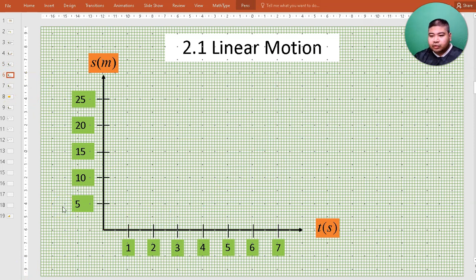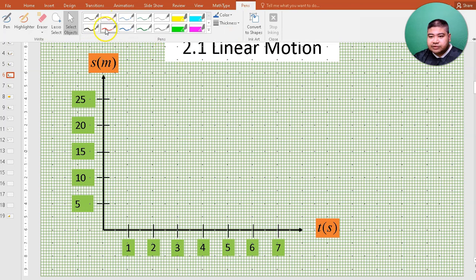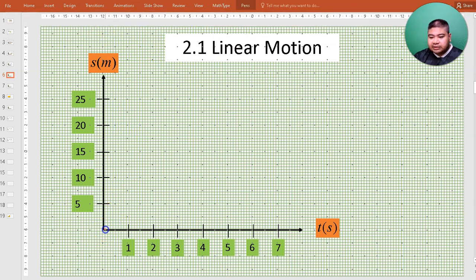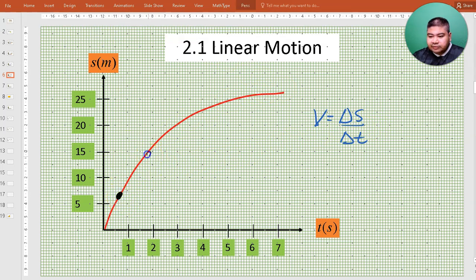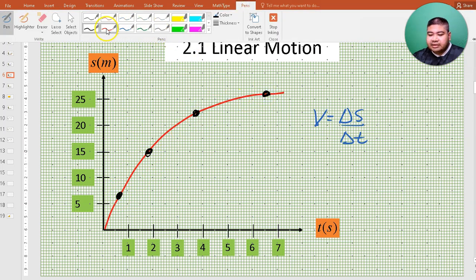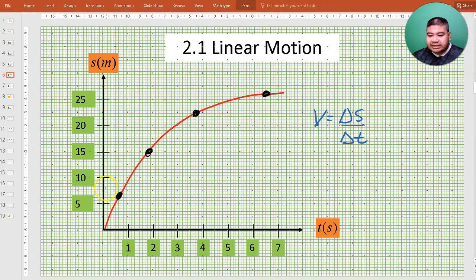Okay, now I'm going to draw a different shape. Let's say the shape of the graph S against T looks something like this. Can you tell me how the velocity changes with time? Remember, the velocity is the gradient of the graph S-T. If we look at the shape of the graph and draw points along the line, we can see that the gradient of the line is decreasing.